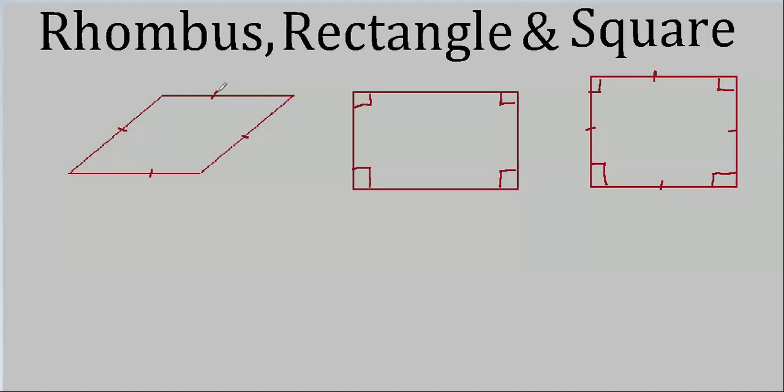Why is that? Well, because of a previous theorem, which told us that if opposite sides of a quadrilateral are congruent, then we have a parallelogram. So this side is congruent to this side, and this side is congruent to this side. The fact that they're all congruent to each other is kind of irrelevant for showing that it's a parallelogram.